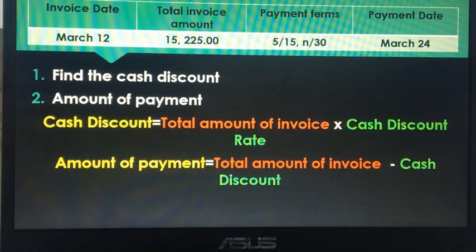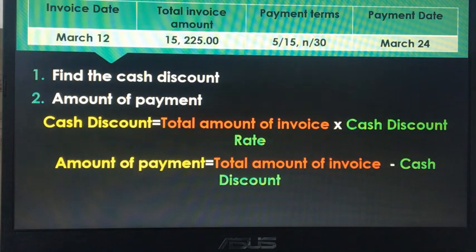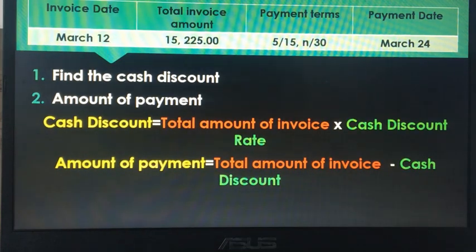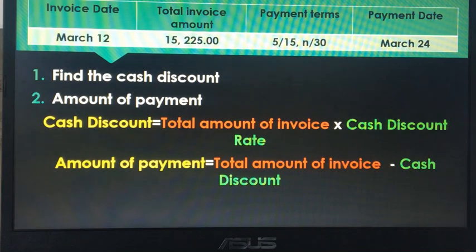The amount of payment is the total amount of invoice subtracted by the cash discount. Again, you have to identify first the invoice date, total invoice amount, payment terms, and payment date.